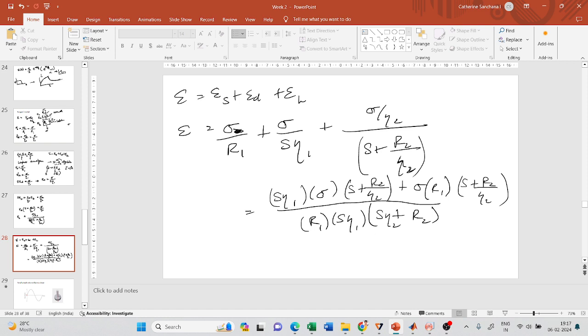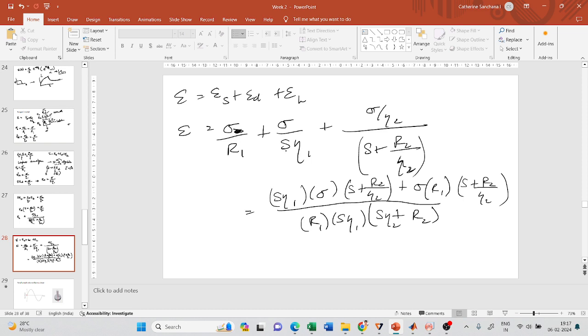This LCM term, each term you multiply that by this LCM term. So what will you get? So for this sigma, R1 and R1 will get cancelled. When I multiply it by this, okay, this and this will get cancelled, and the remaining terms will get multiplied with this sigma. Okay, so this is basic math.